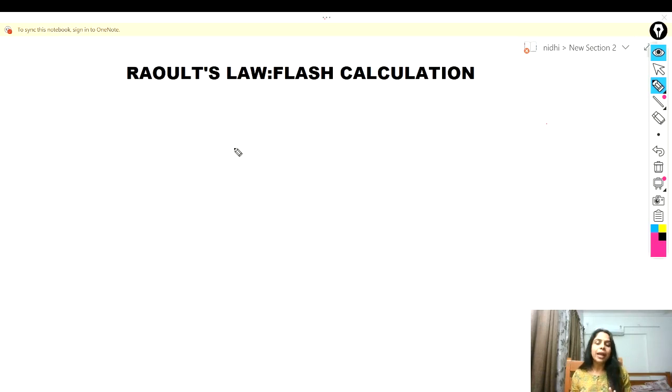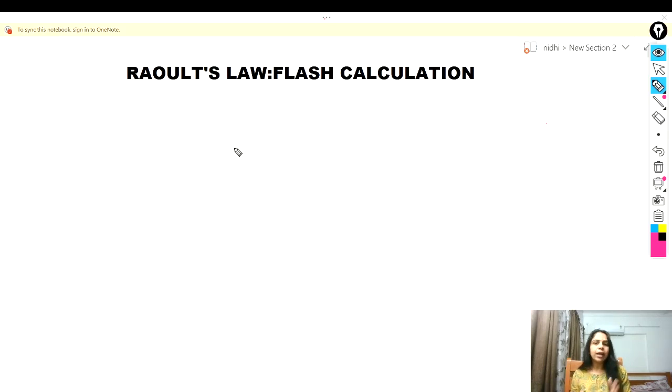And we shall determine the equilibrium liquid and vapor phase composition if temperature, pressure of the system and feed composition are given.